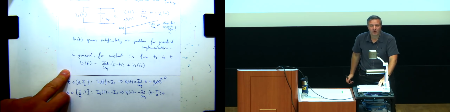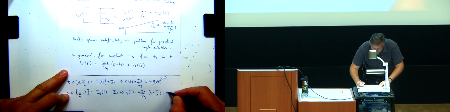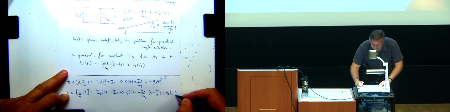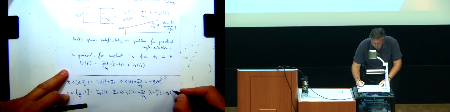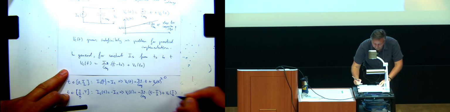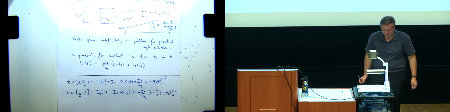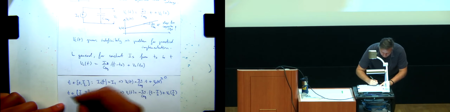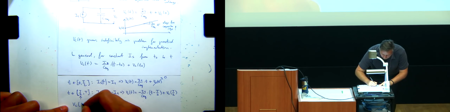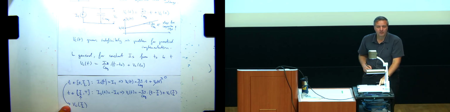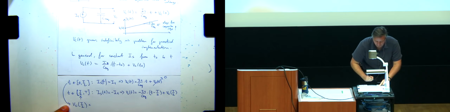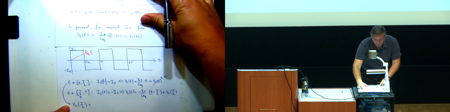plus our starting voltage is what? Vc of what time? T over 2, right? Do we know what that is? Well, Vc of T over 2, I know from the first equation, right? What is that? We just labeled it on the picture.